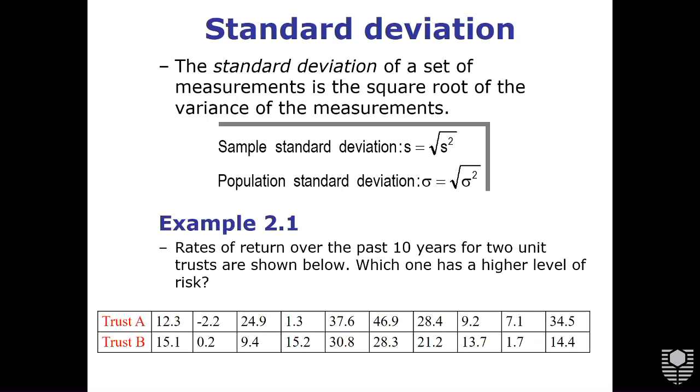And which measure of variability? Standard deviation, to see the story. Which one is highly risky? Because the question asks which has the higher level of risk, we use standard deviation as the measure of risk.